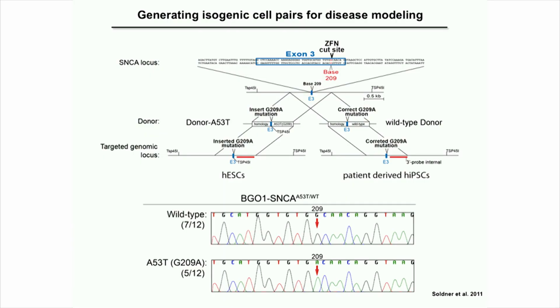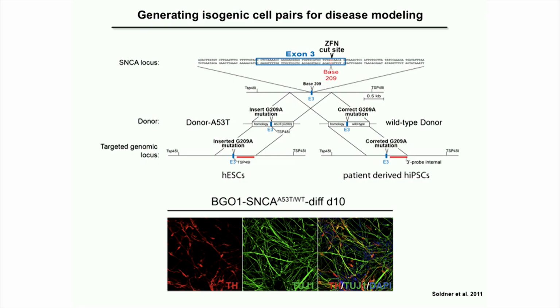And these mutations are occurring in a heterozygous configuration in the patient. And so this is just a read of where he took wild-type human ES cells and inserted this mutation. And then he took these cells and differentiated them into dopaminergic neurons.